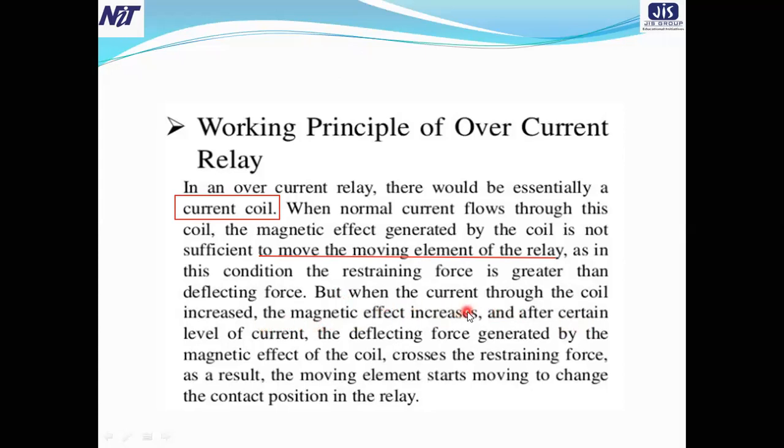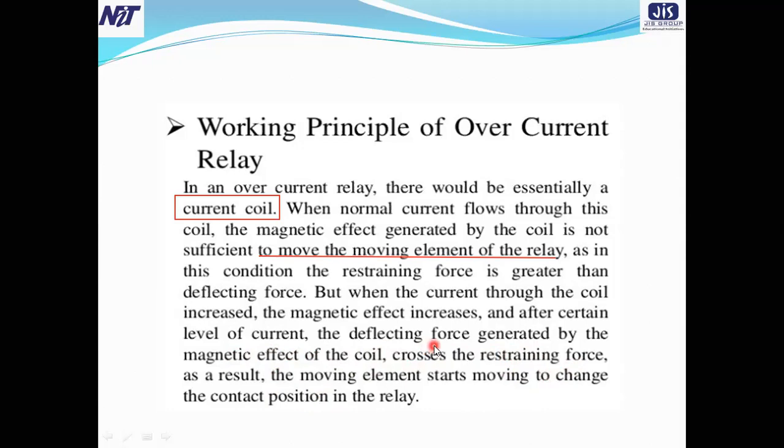When excessive current, that means short circuit current, flows through the conductor, the current through the coil increases and the magnetic effect also increases. After a certain level of current, the deflecting force generated by the magnetic effect of the coil crosses the restraining force.